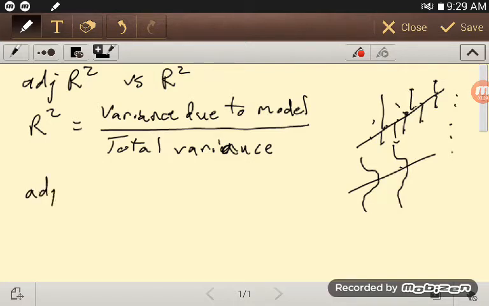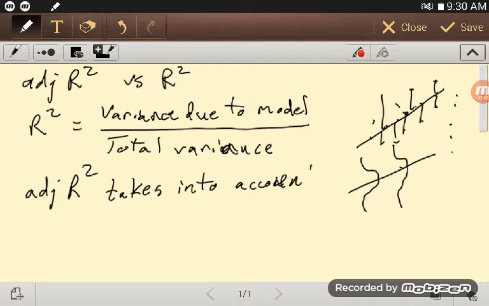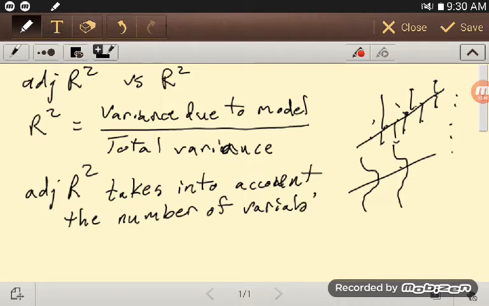Adjusted r squared takes into account the number of variables. And we'll see why this matters.